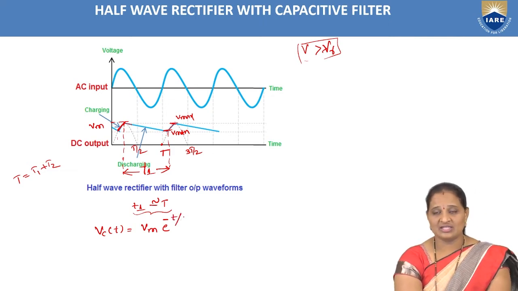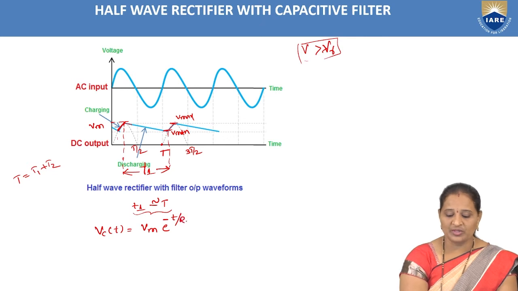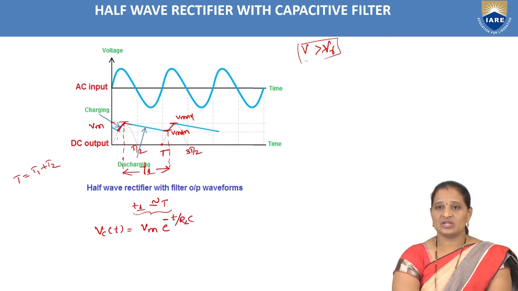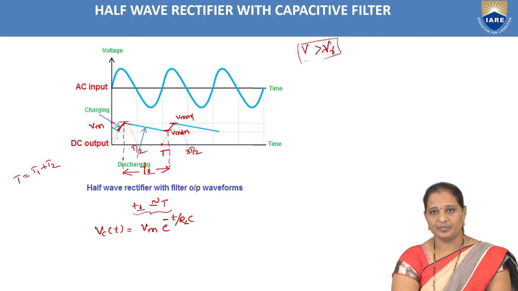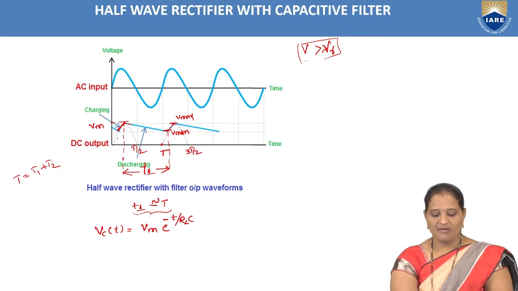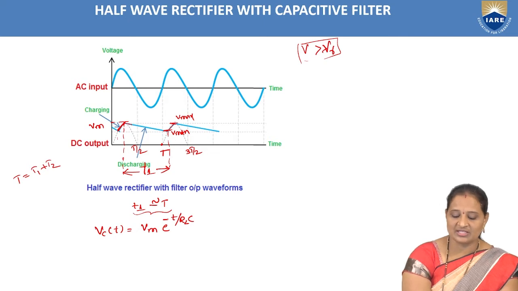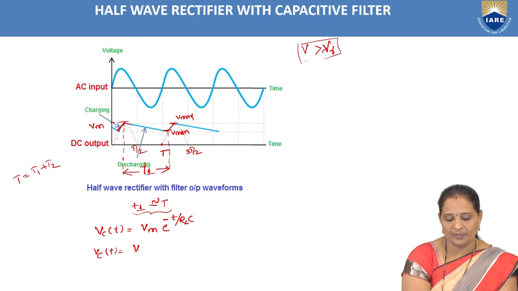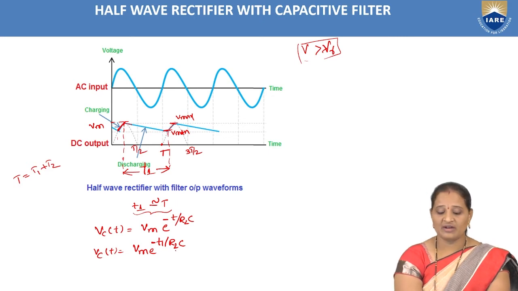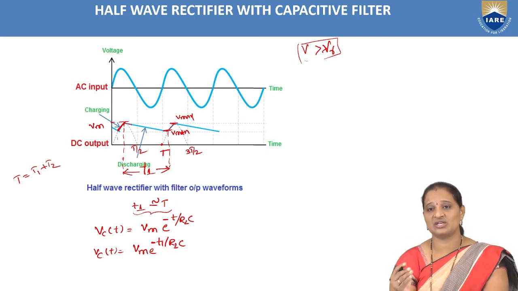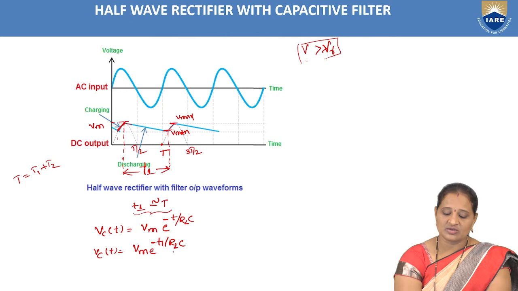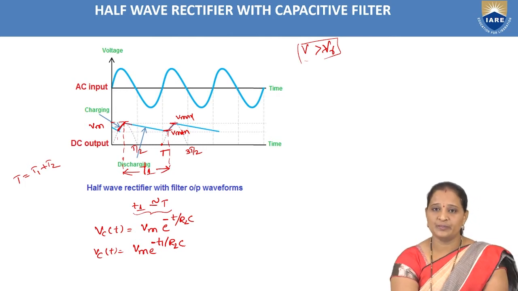The discharging happens through the load resistor, so that is RL into C. So Vc of t is equal to Vm into e power minus t1 by RL into C. Why have I considered RL? Because a capacitor discharges through the load resistor. So we are considering RL into C.